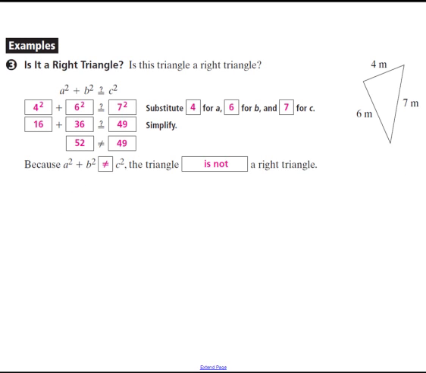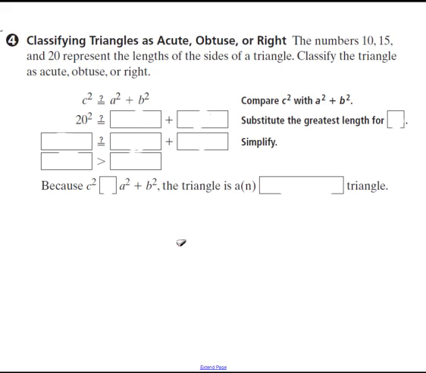The next example goes a little deeper and asks if it is acute, obtuse, or right. So they give you 3 numbers again, 10, 15, and 20, and they want to know, is it acute, obtuse, or right? So we can go ahead and plug in what we know. The largest one is going to be C, most likely the hypotenuse.